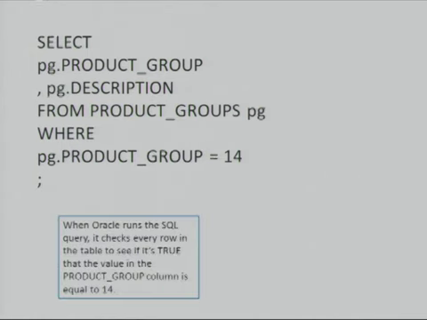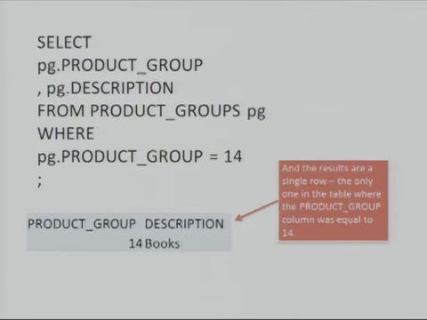When Oracle runs that, it checks every row of the table to see if that's true, and it disregards all the rows where it's not true. There's only one row in that table where that's true: the GL product group is 14, and the description of that is books.